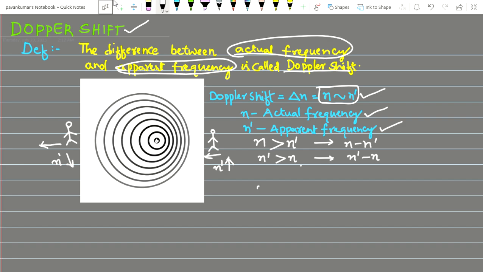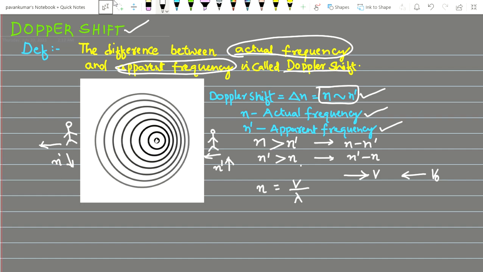We know that the frequency is equal to velocity divided by wavelength. Here the observer is moving, and the source of sound is producing a wave of wavelength lambda and velocity v, and the observer is moving towards the source. So the observer and the wave are moving in opposite directions, towards each other.